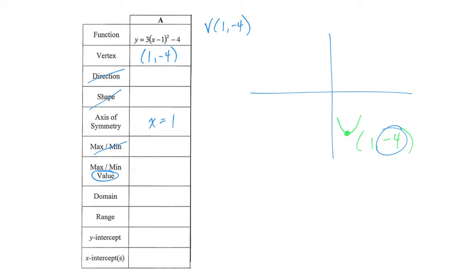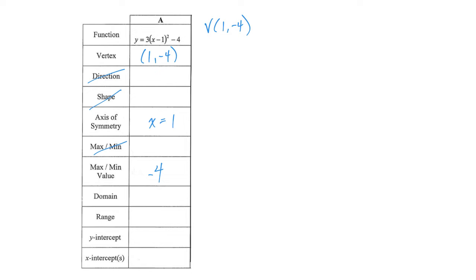If my parabola was opening down, then my y-coordinate is the maximum value of my function. So I actually have been given that answer, -4, within the coordinates of my vertex. Okay, I can get rid of that.